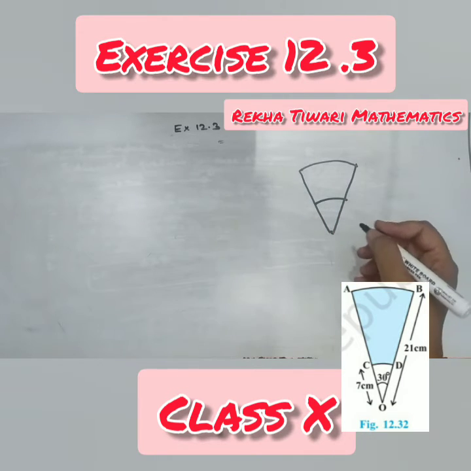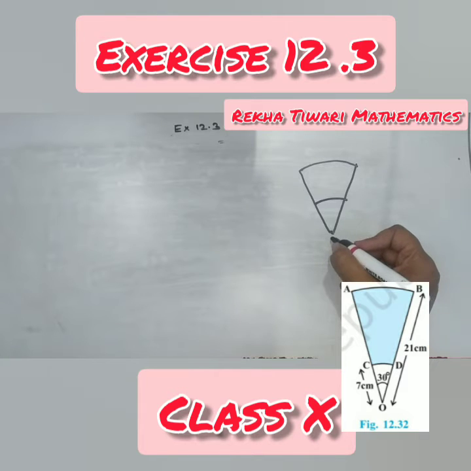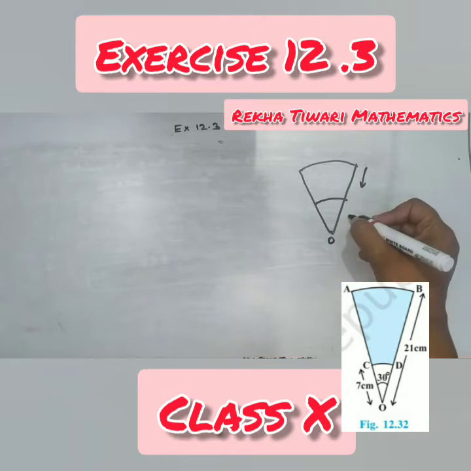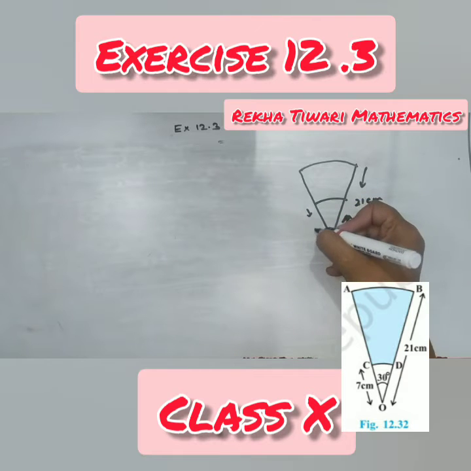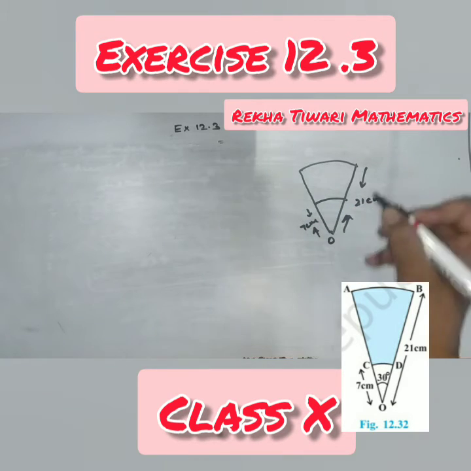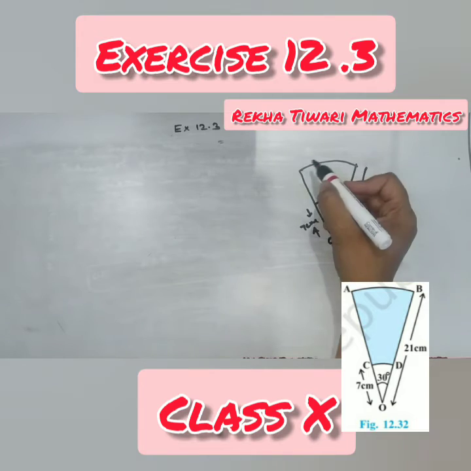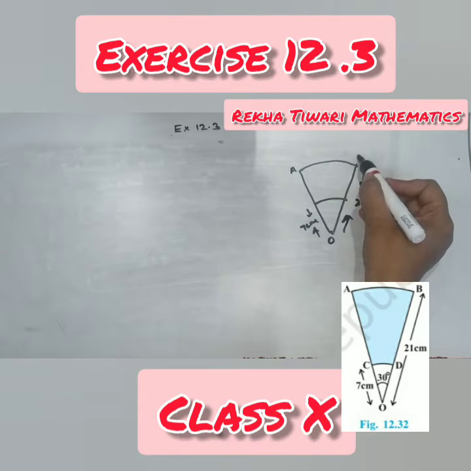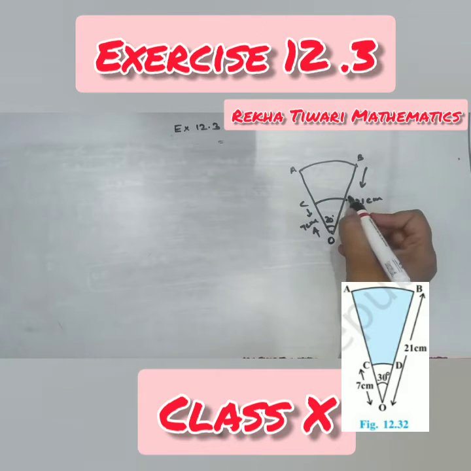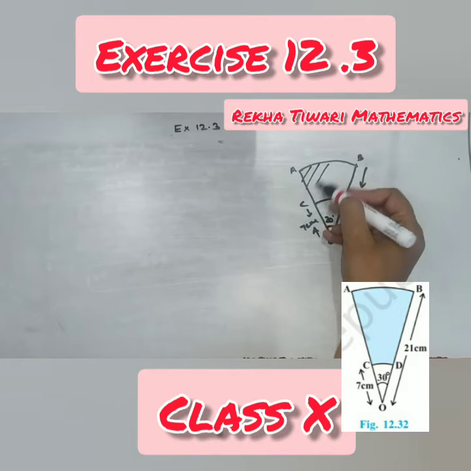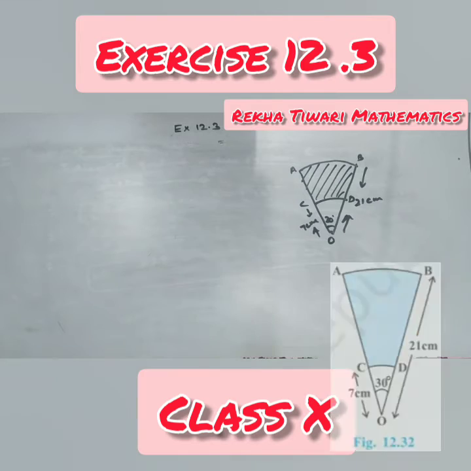The bigger radius is 21 centimeter and the smaller radius is 7 centimeter. And angle AOB, this angle is 30 degree. You have to find out area of shaded region.